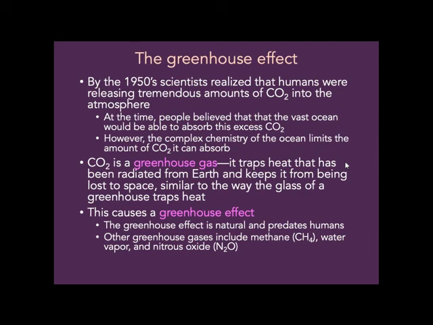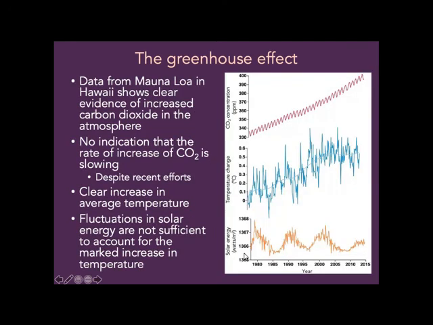I do not believe that anyone is arguing that humans are causing the greenhouse effect. Instead, we are altering the amount of chemicals and increasing the greenhouse effect, okay? The greenhouse effect is caused by gases like carbon dioxide, but also methane, water vapor, and nitrous oxide.